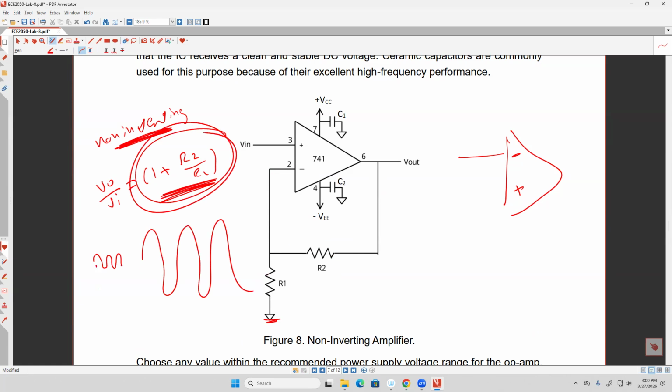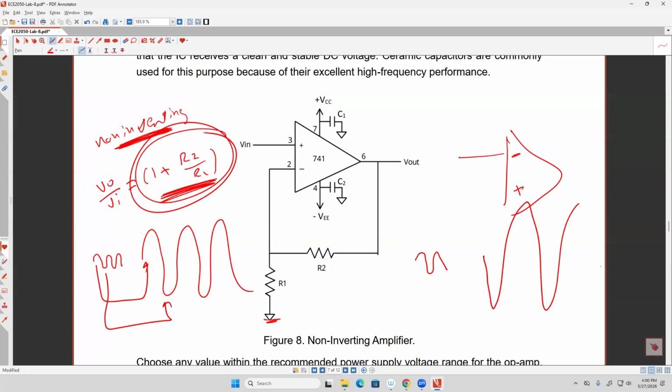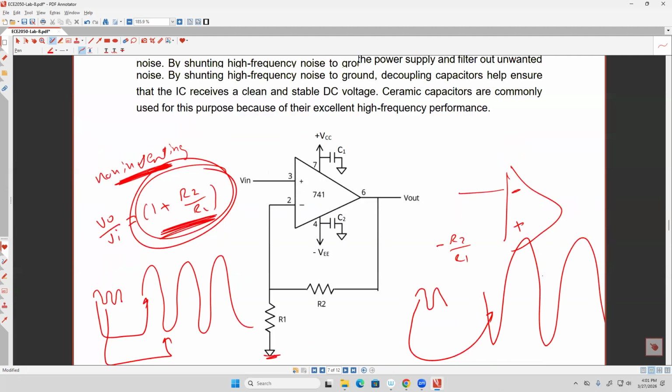In phase means this is positive, this is positive; this is negative, this is negative. In the second case, the inverting amplifier, the other signal is amplified but flipped, because the gain is negative R2 divided by R1. You will see that in the second experiment: when input is positive, output is negative. This is something you need to watch for.